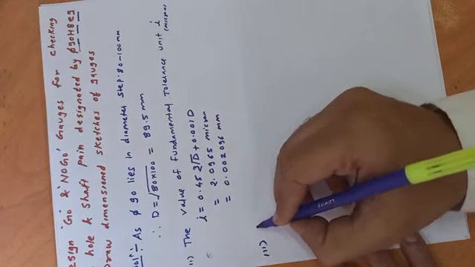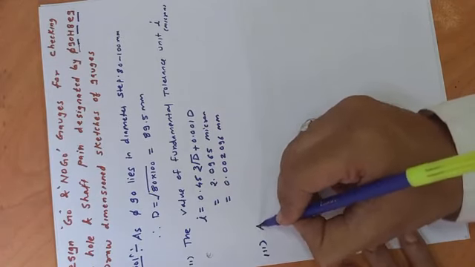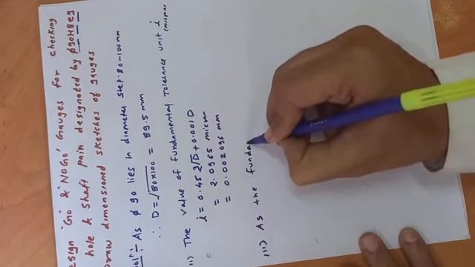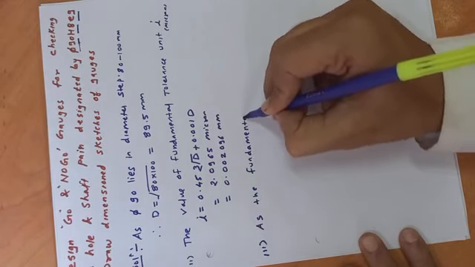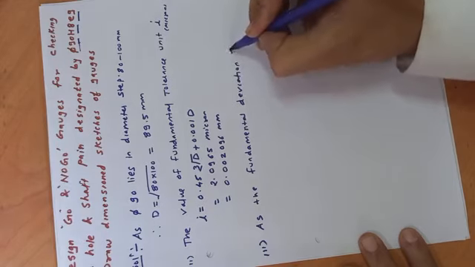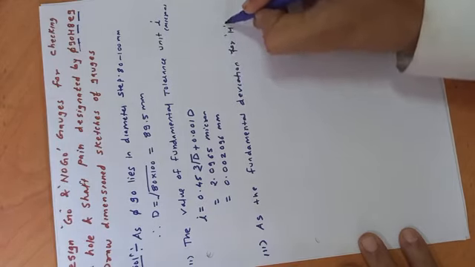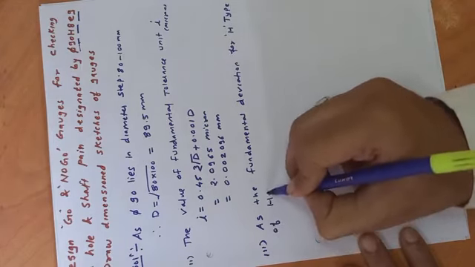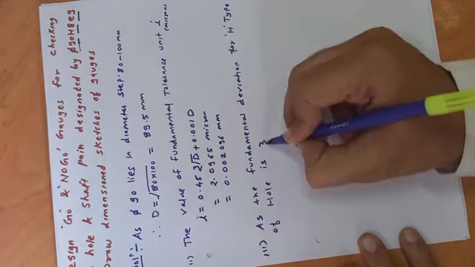Now the third step, as we know, the fundamental deviation for H type of hole is 0.